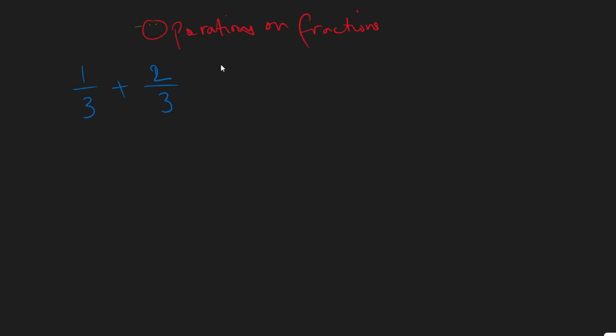So let me write this down here. Same denominator. We get the same 3 here, and the 3 over here. So when you're adding fractions with the same denominators, you keep the denominator, which is 3.